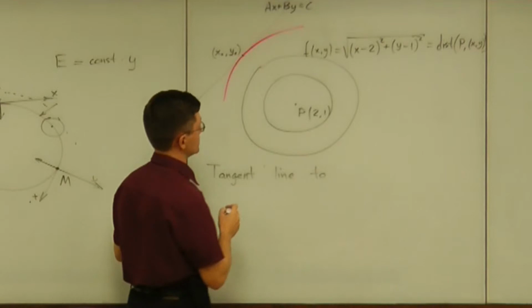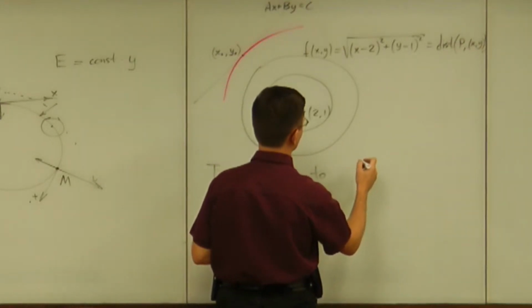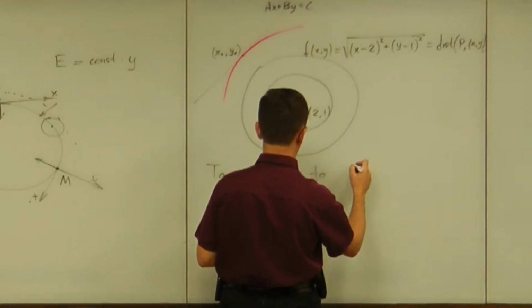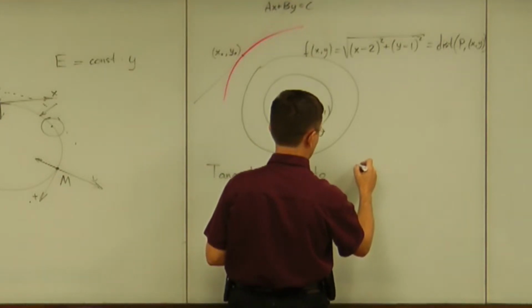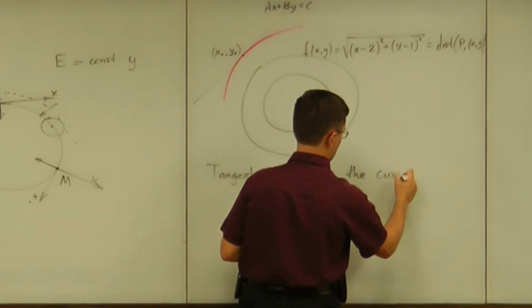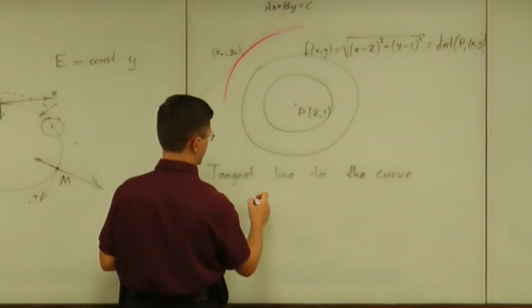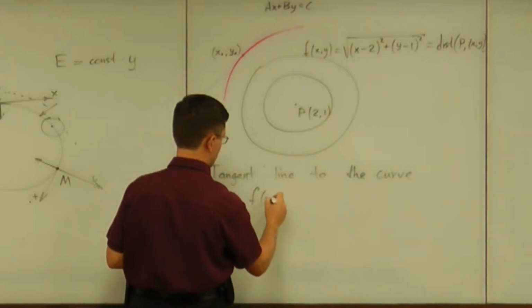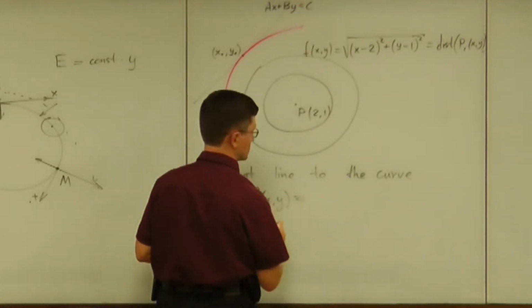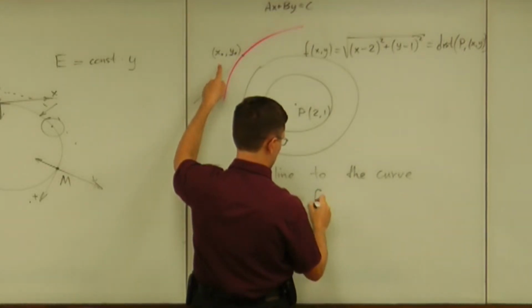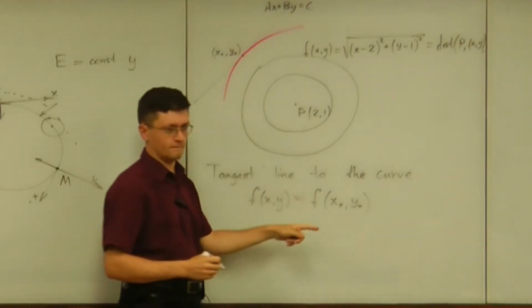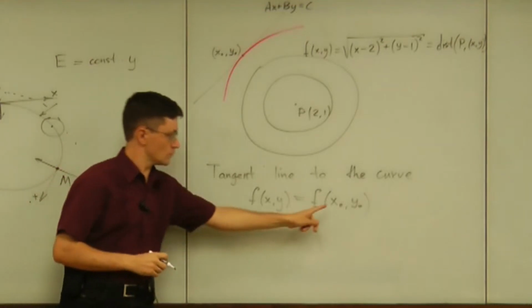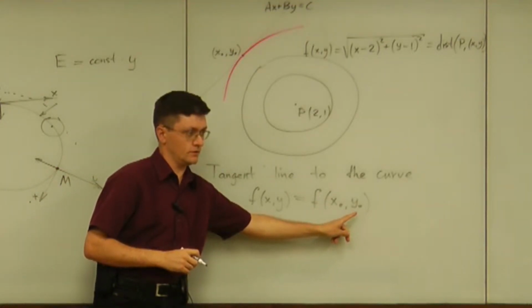So the tangent line to the curve. So what's the equation of the curve? The equation is f of x, y equals a constant, which is f of x0, y0. We don't know what these numbers are yet.